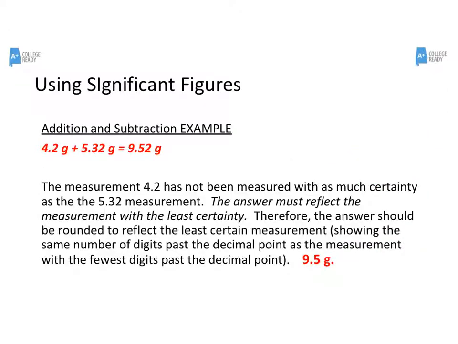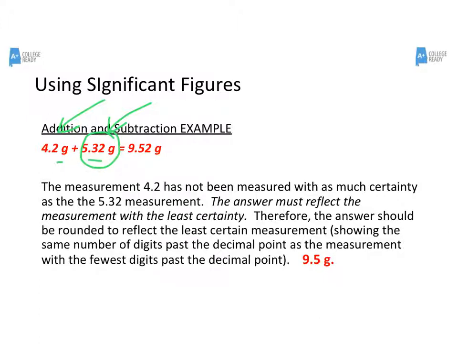Here's an example. Suppose you've made 2 measurements in the laboratory, and this measurement was actually carried out to a more precise reading. You had an instrument that was able to read to the 100th place, while you used an instrument over here that was only able to read to the 10th place.